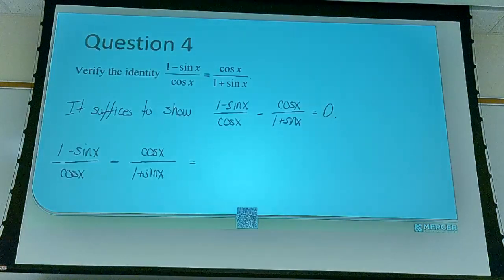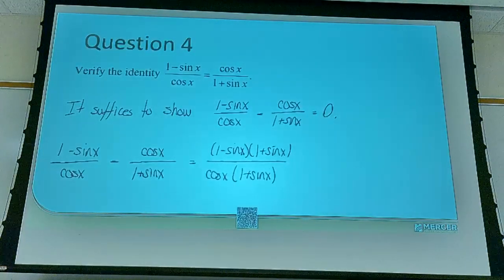Adding two fractions, you have to find the common denominator, right? Just a product. In that first fraction, we need to multiply by 1 plus sine over 1 plus sine.